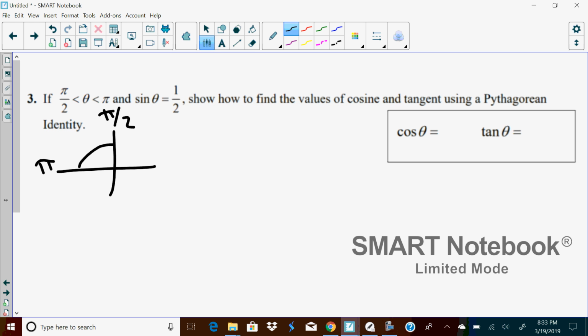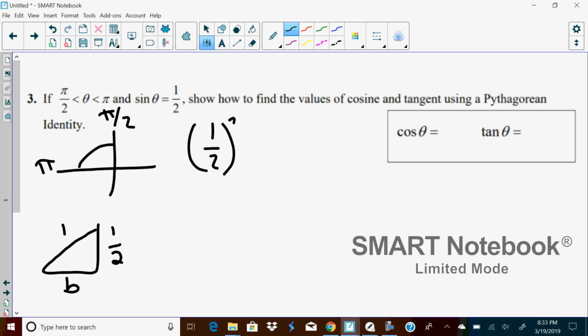So the first thing I'm going to do is think about a triangle. I'm thinking about my sine is 1/2. I don't know my cosine, and my cosine would be b. So I'm going to just use the Pythagorean theorem. So 1/2 squared plus b squared equals 1 squared.